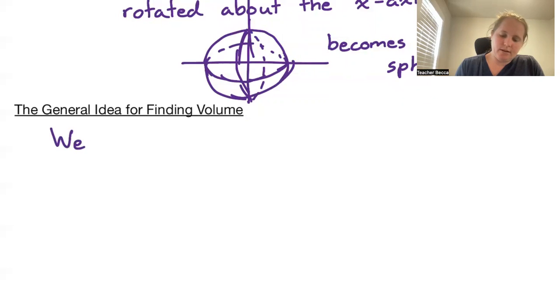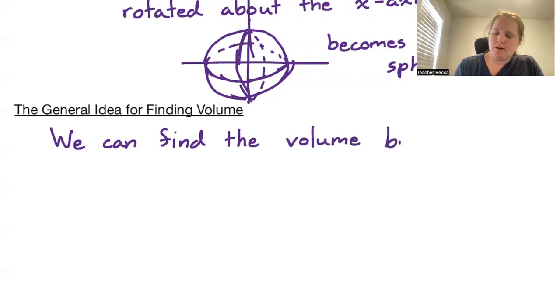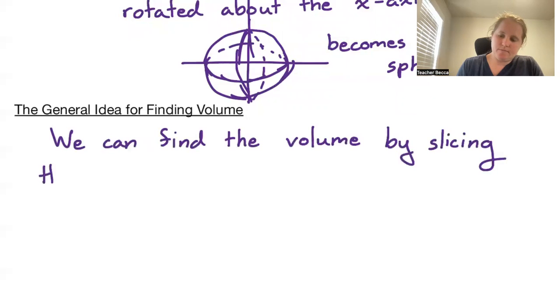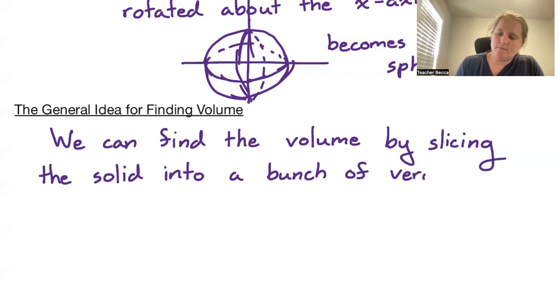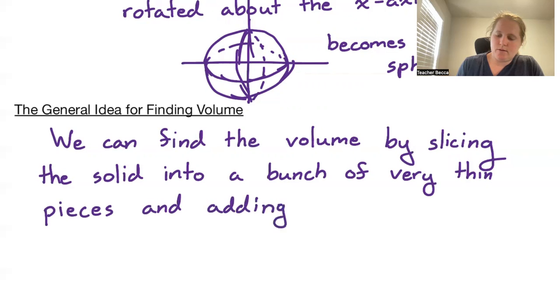So we can find the volume by slicing the solid into a bunch of very thin pieces, and add up the volumes of those thin pieces.